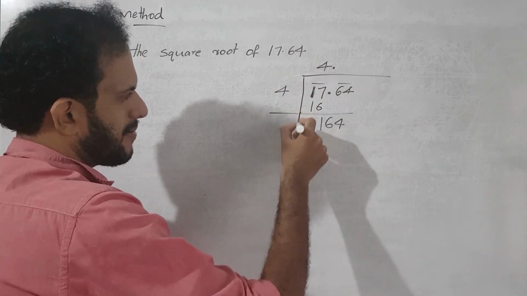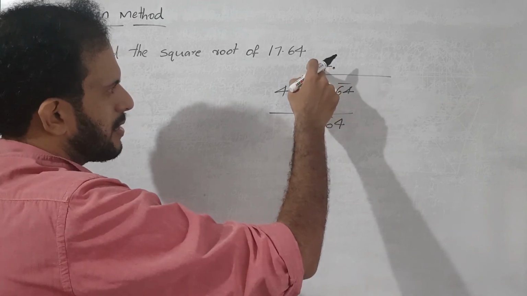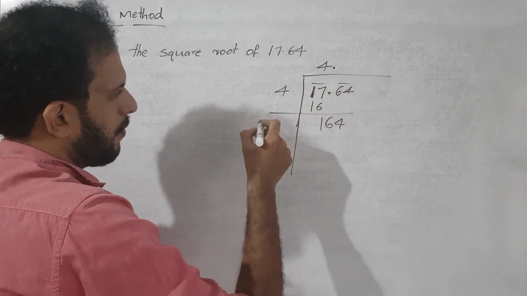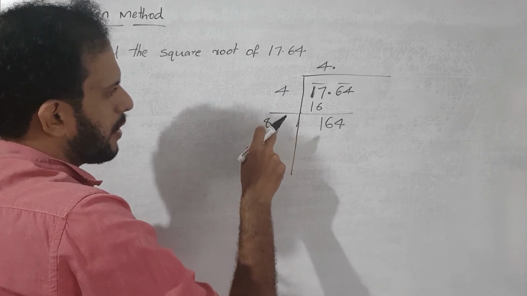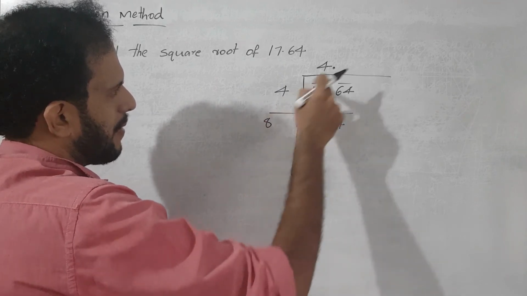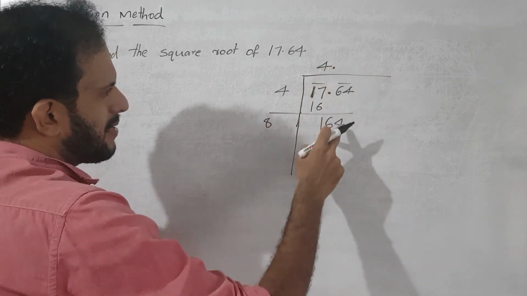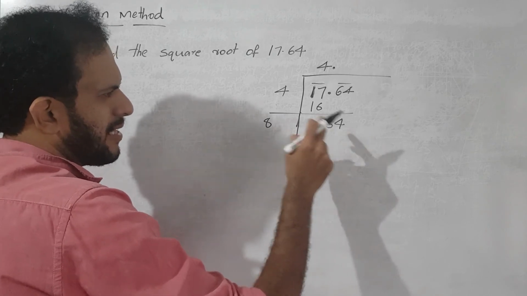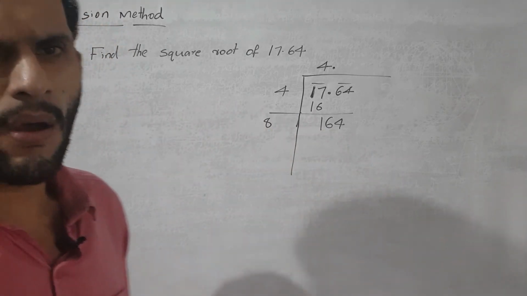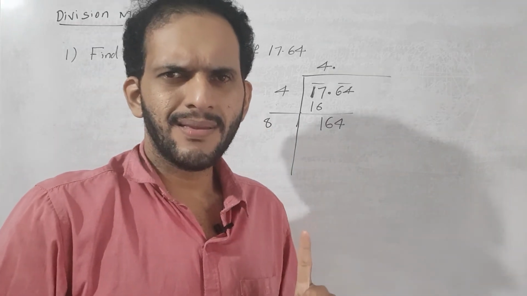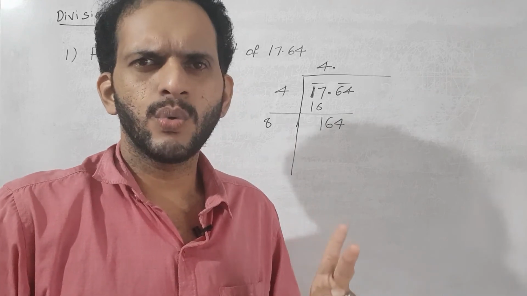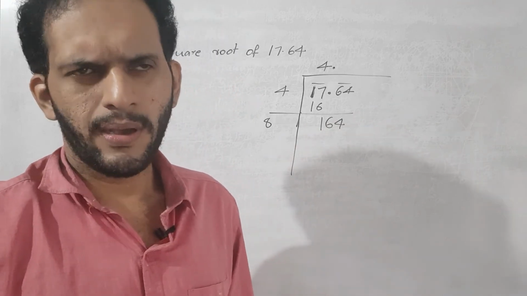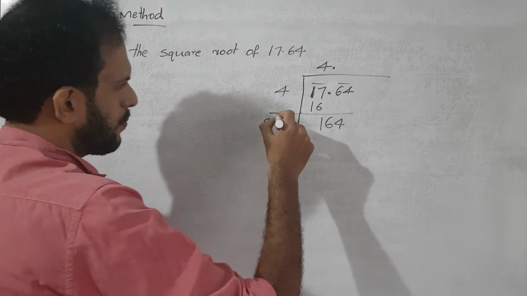Okay, next the same idea, we choose the double of 4. The double of 4 is 8. Then we want to choose one digit here, the same digit here also. The number ends in the digit 4, so there are only two possibilities. The digits are 2 or 8. Correct? First we choose 2.